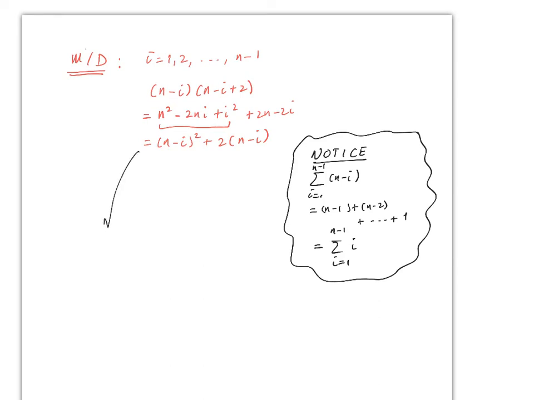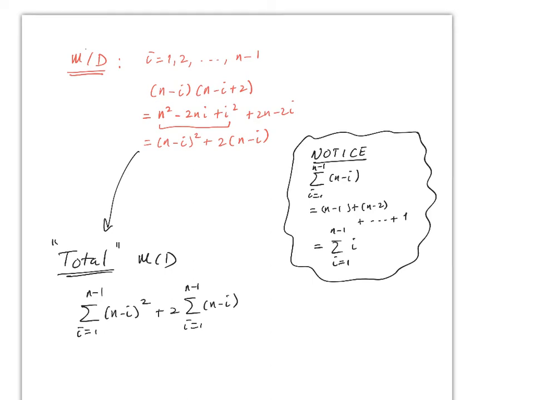So therefore from here we will have, and this is now the actual total of multiplications and divisions, all you have to do is sum all of this from i equals 1 to n minus 1. So the total should be the sum from i equals 1 to n minus 1 of n minus i squared plus 2 times the sum from i equals 1 to n minus 1 of n minus i.